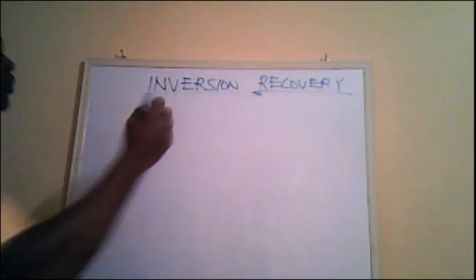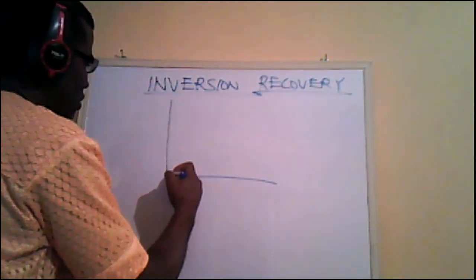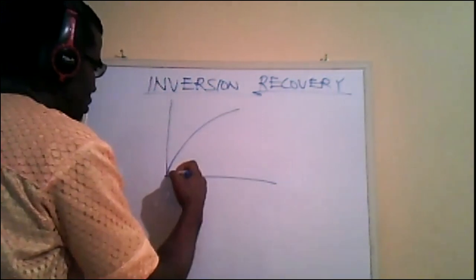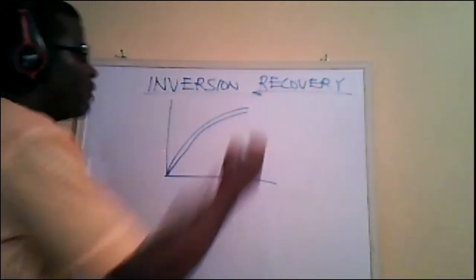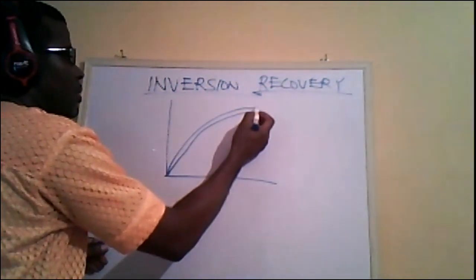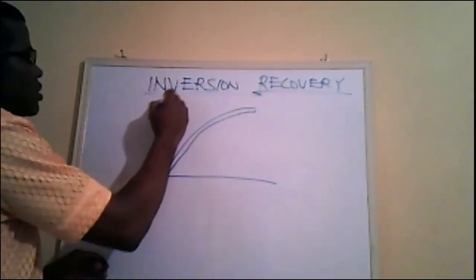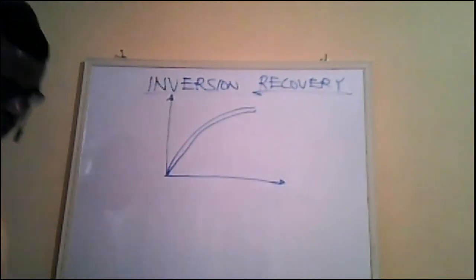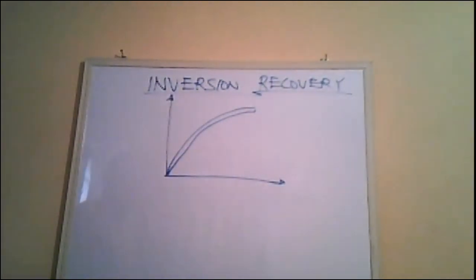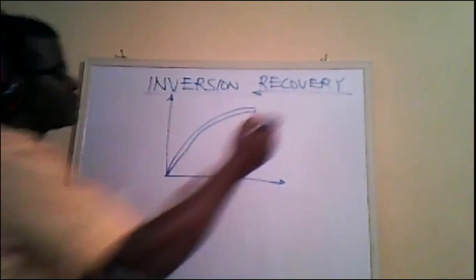Let's assume we have two tissues that have similar rates of growth after application of a 90-degree pulse. A good example would be gray matter and white matter.